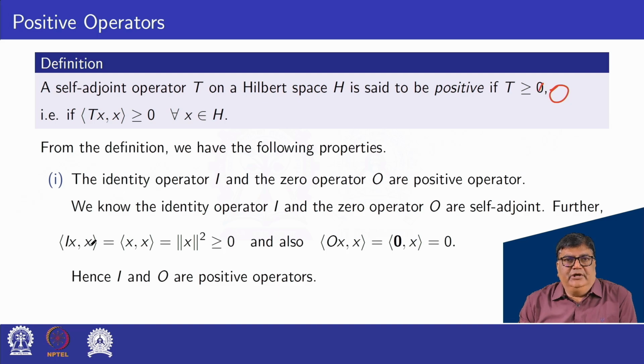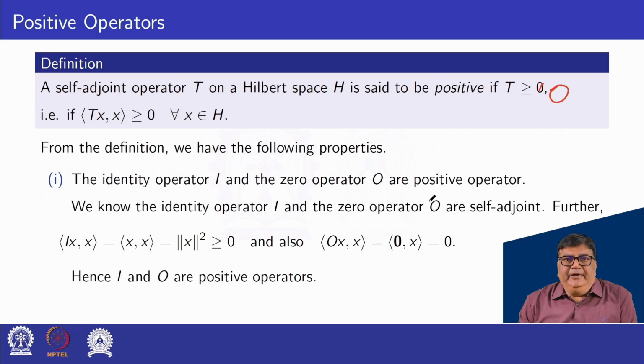Hence, the inner product of Ix and x is greater or equal to 0 as per the definition. If the inner product of Tx and x is greater or equal to 0, then T is greater or equal to the 0 operator. So I, the identity operator, is a positive operator.